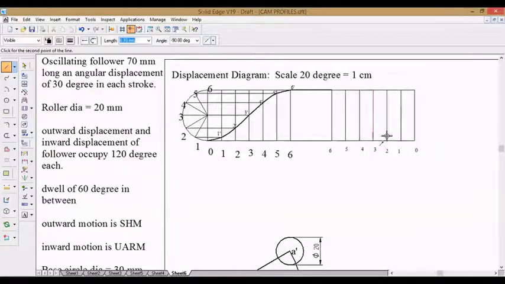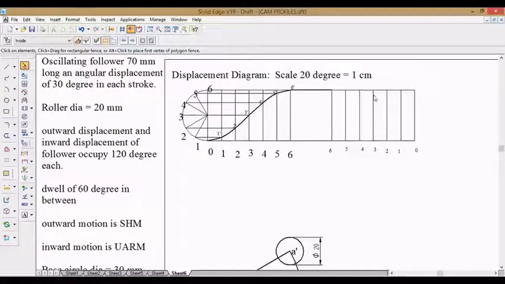And finally, the end point is here. So we divided the lines into 6 equal parts.